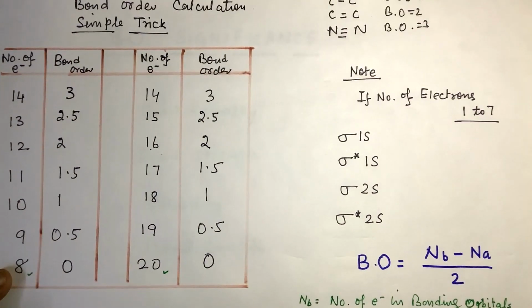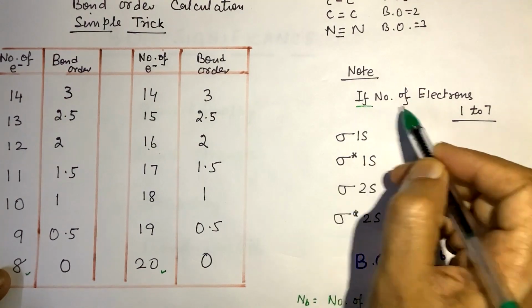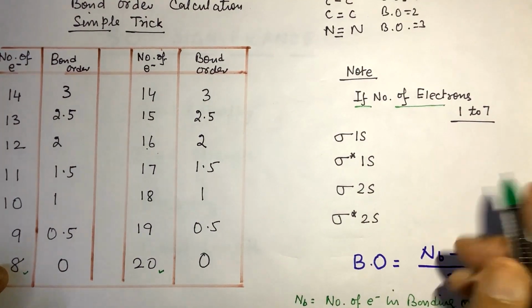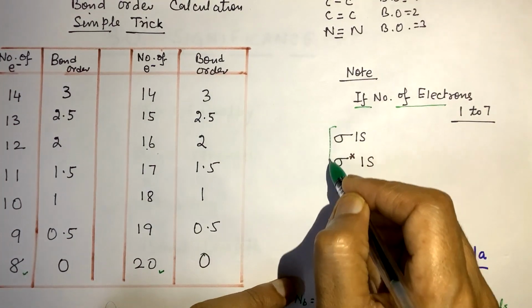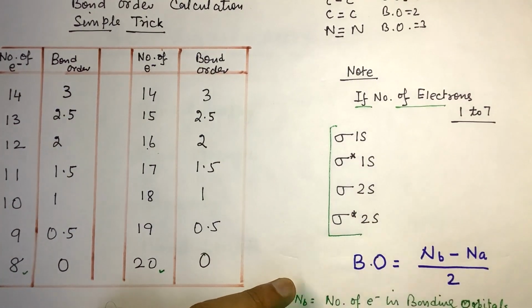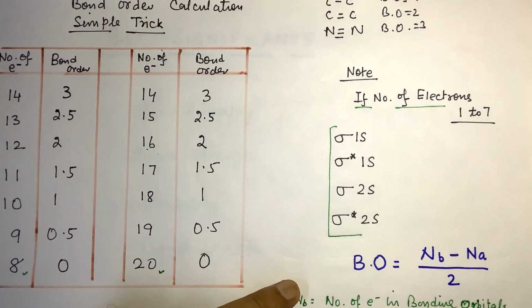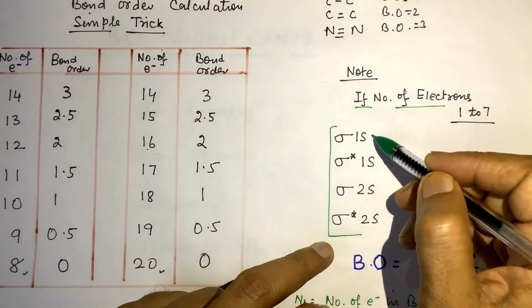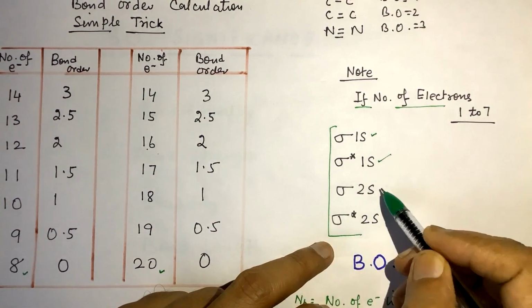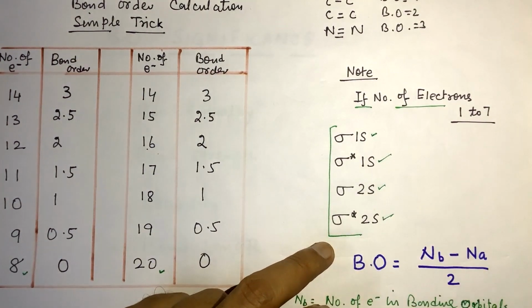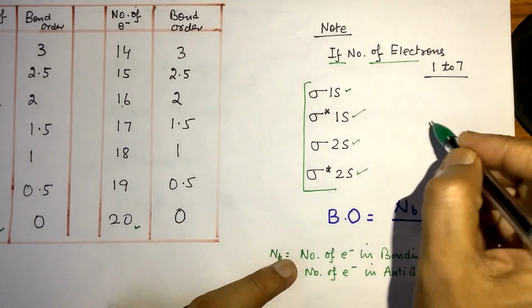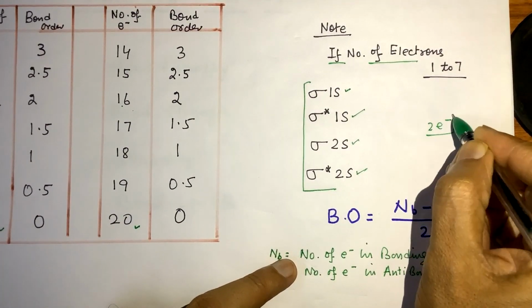But if we have number of electrons from 1 to 7, then what will be the position? We shall arrange those electrons in these orbitals. These are the bonding orbital, this is the anti-bonding orbital, this is a bonding orbital, this is an anti-bonding orbital. We place 2 electrons in each orbital.